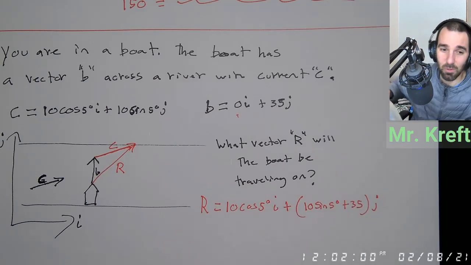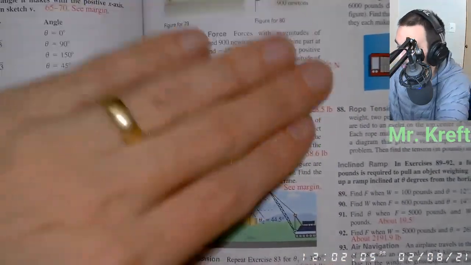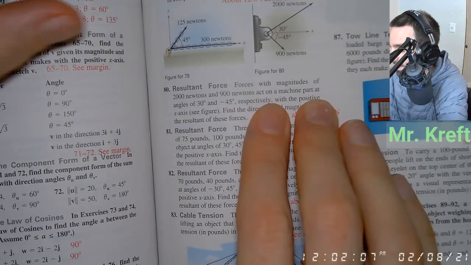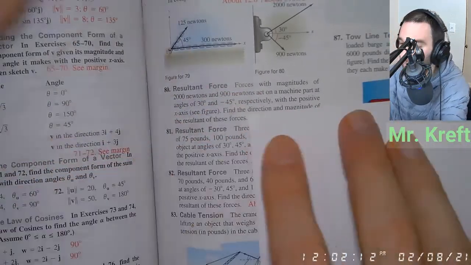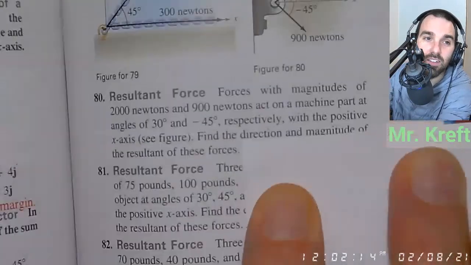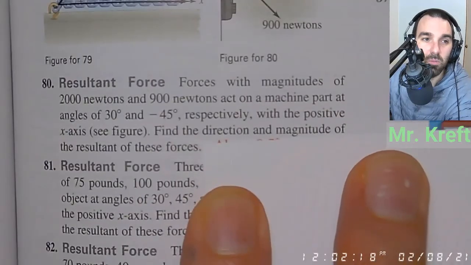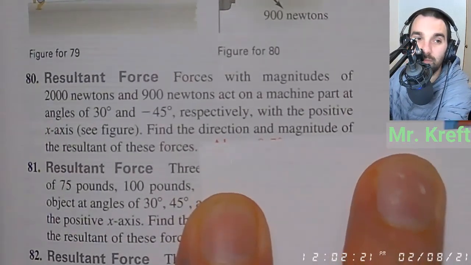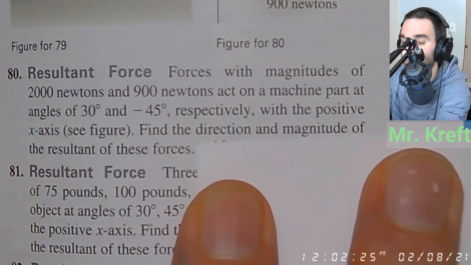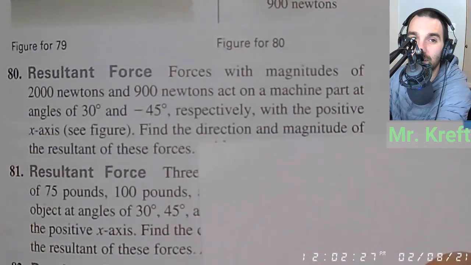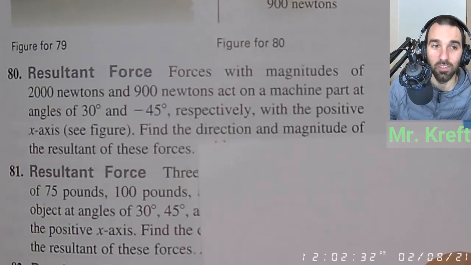Okay. The last thing I want to do today then is I want to do a word problem from your book. Oops, it has answers. So let me zoom in. We're going to do a physics problem. And you're going to have a problem just like this in your homework. All right, so resulting forces.